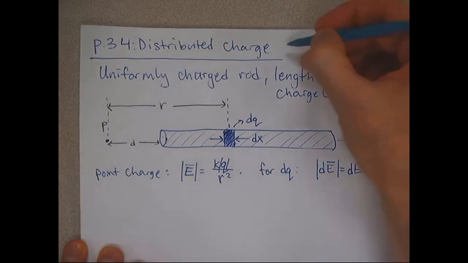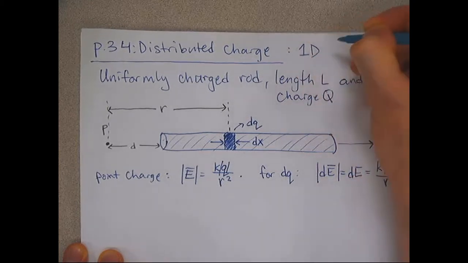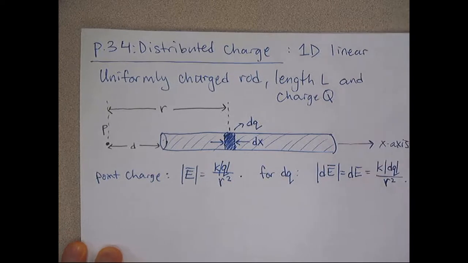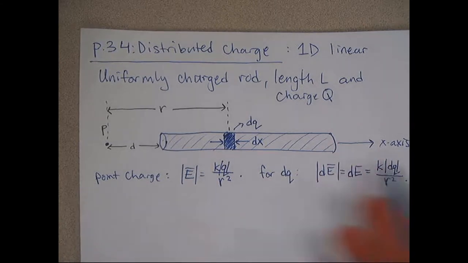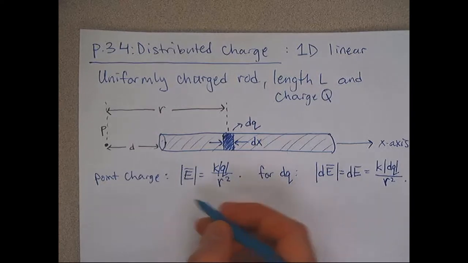Okay, step 2 in your problem-solving process is to pick an axis system. We're treating this as a one-dimensional problem. It's a linear charge distribution. We'll look in the next video at a curved linear distribution in 2 dimensions. Our axis is simply x, pointing positive to the right.